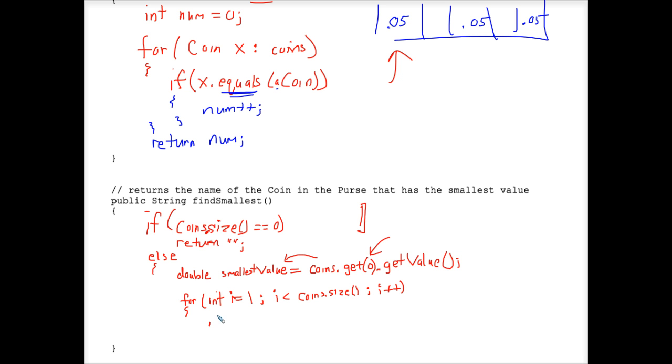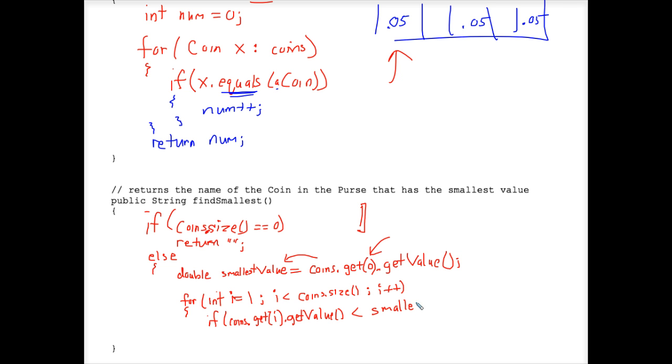If coins.get(i).getValue is less than smallest value, we have a new smallest value. I need to put i here in these parentheses and not the number 1 or some other magic number. And I still need to call getValue, and I need to check to see if that element expression is less than my current smallest value.